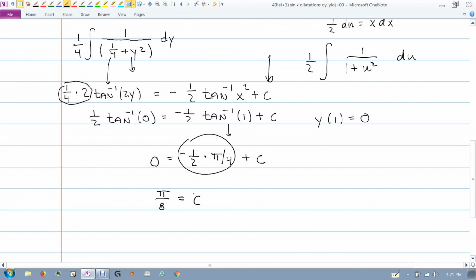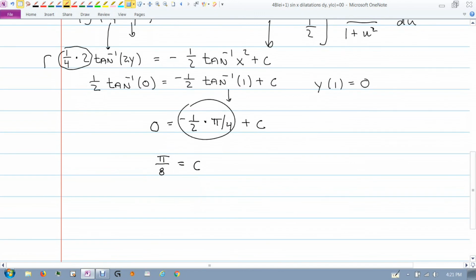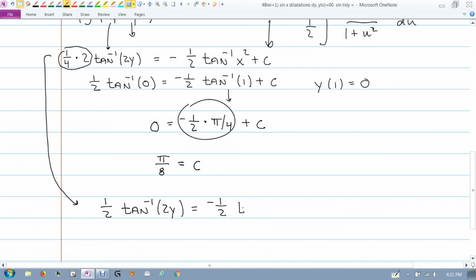But C must be pi over 8 is what we get. So let me just write down our final result here. Our function that is a solution to that differential equation given the initial conditions is 1/2 arctangent of 2y equals negative 1/2 arctangent of x squared plus pi over 8.